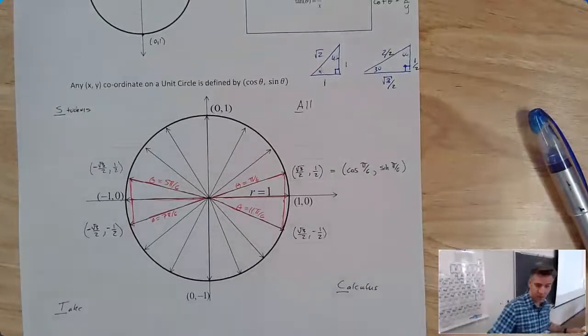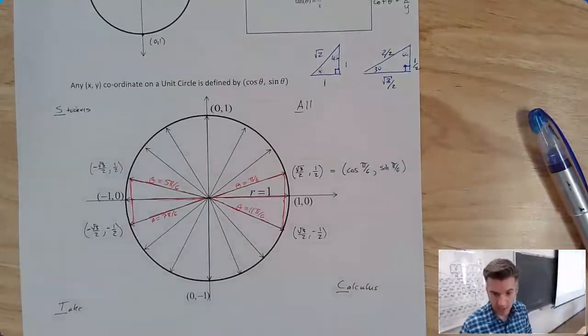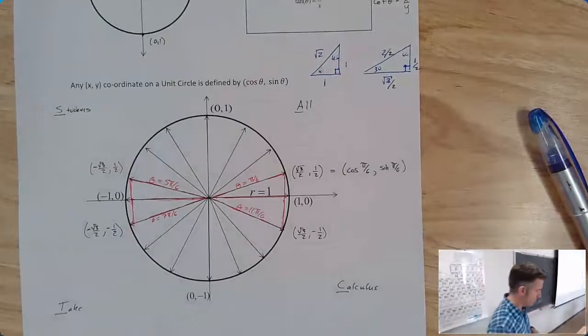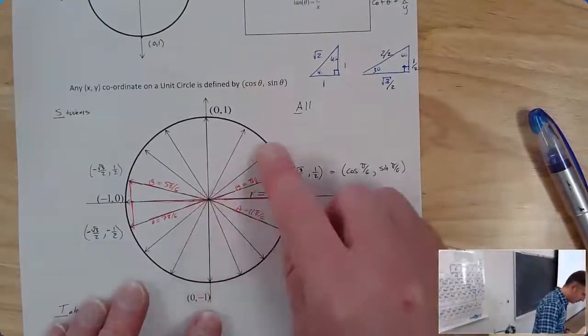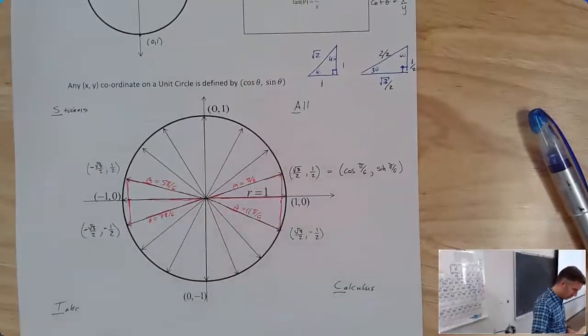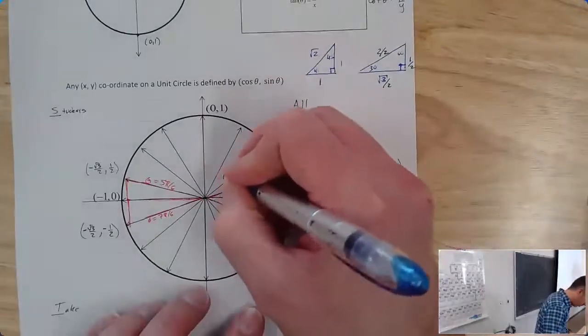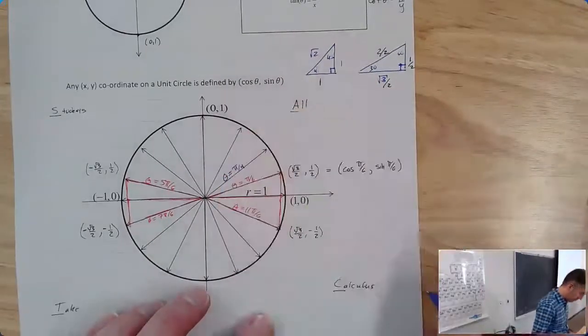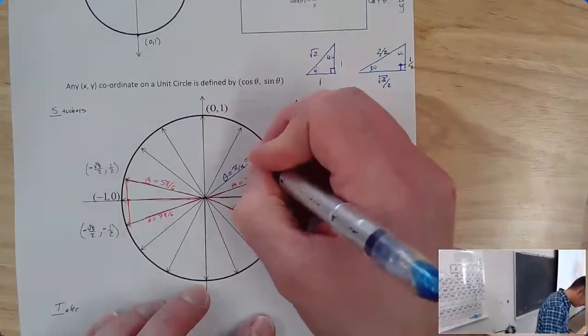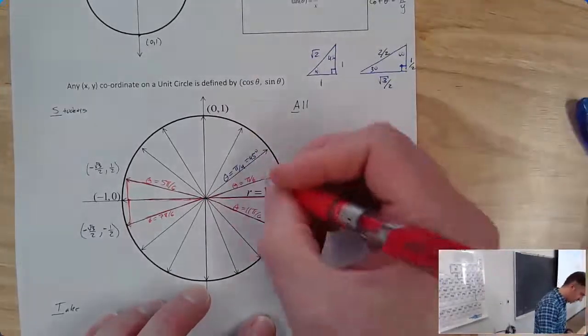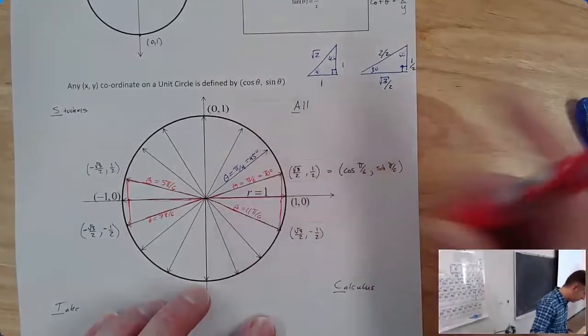So we're going to do the same thing for the rest of these special angles that occur in this unit circle. So the next one here is theta equal to pi over 4 radians or 45 degrees. I suppose I could write pi over 6 equal to 30 degrees here.